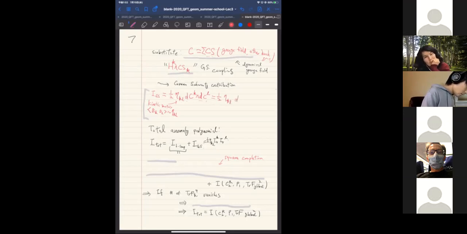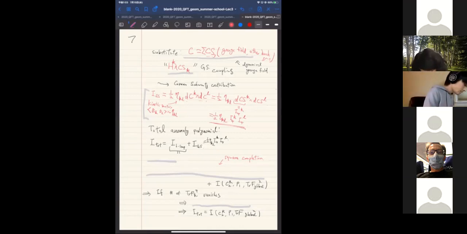So we have some Chern-Simons term, a Chern-Simons 3-form, and if I write the d of this Chern-Simons term, which should define some gauge invariant 4-form field, then there's an additional contribution from this kind of coupling.